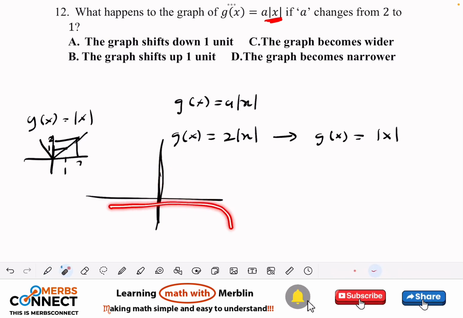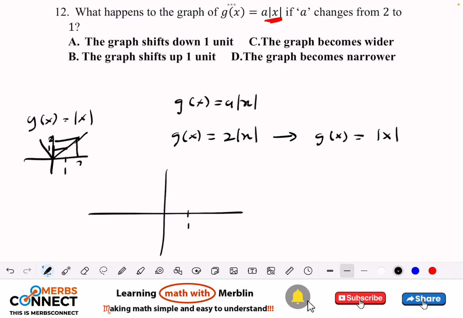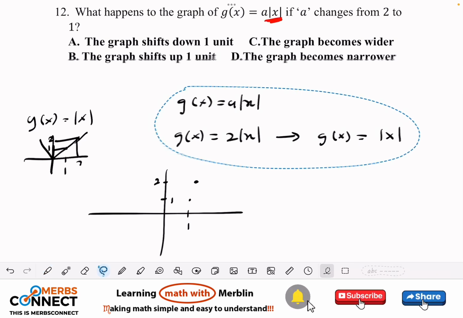The graph for this here is going to be like this. When this one is 1, instead of it being 1 here, it's going to be 2. So it means that it's going to be here. I'm just trying to picture both graphs together for you.